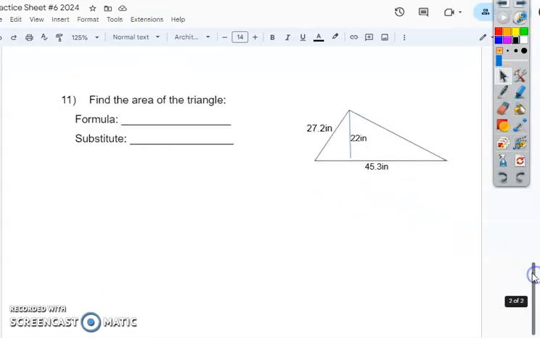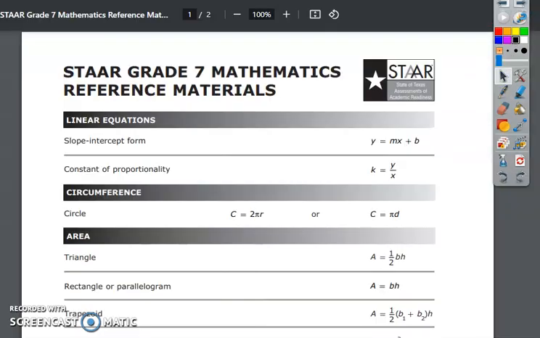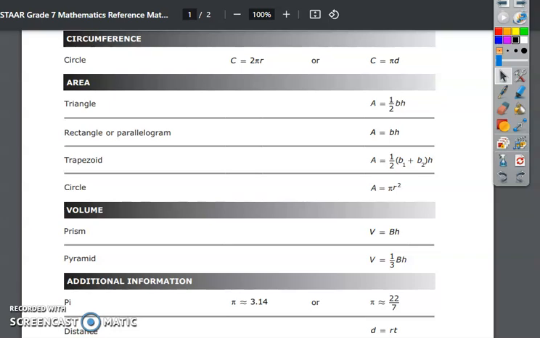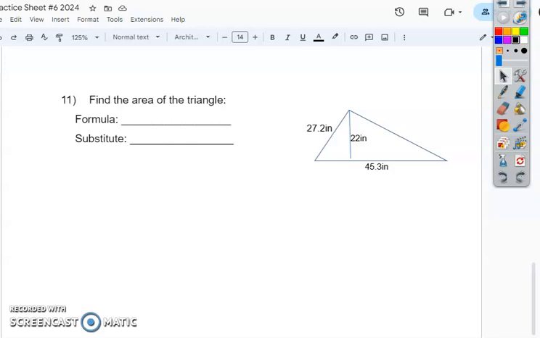Okay, last one. Guys, we have been working on triangles, I think, every week. Every week we've had a triangle, so we should be getting better at this, okay? So hopefully you know when it says area, we're going to use our formula chart. Area, triangle, A equals half BH.